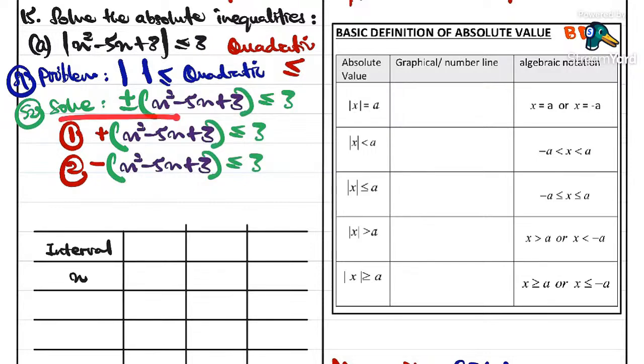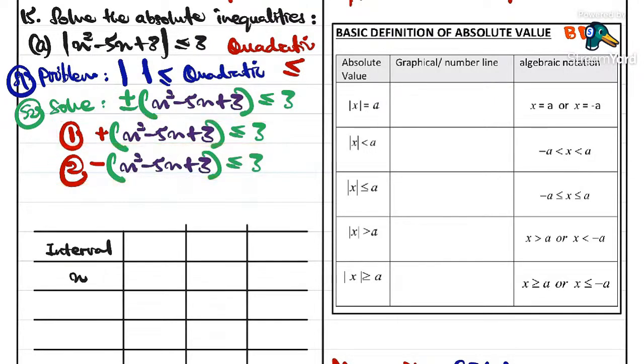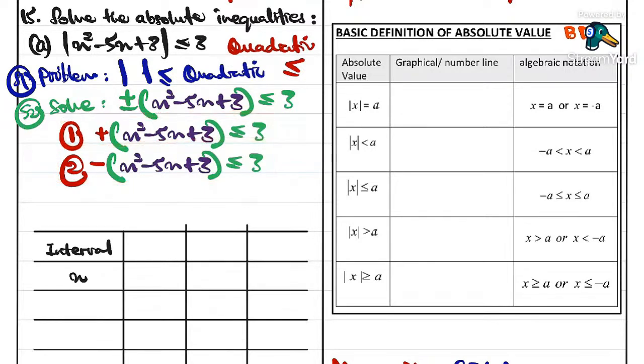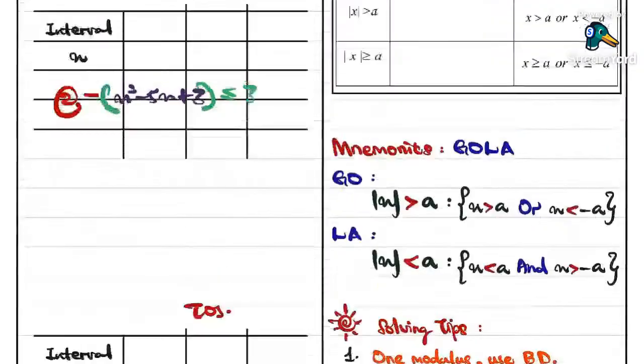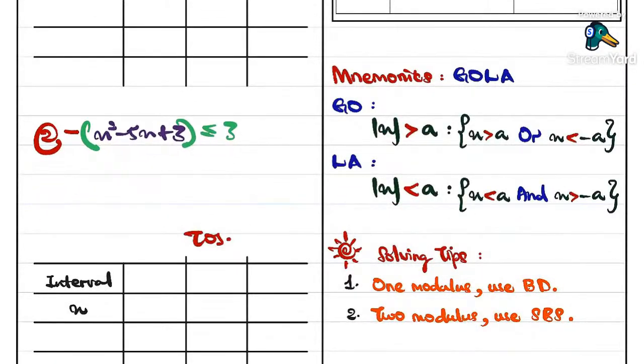Okay, so here goes, you have two statements. Kenapa ada dua statement? Sebab apa? Sebab modulus will give us plus minus. That's why we will have two inequalities. And so I will pindahkan the second inequality, saya pindahkan dia ke bawah. Sebab yang bawah ni akan bagi kita TOS lah. Okay, jawapan TOS.